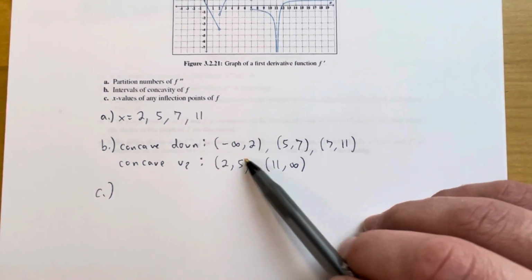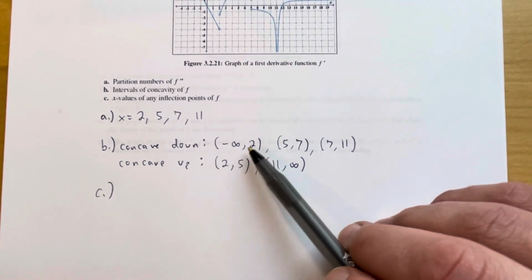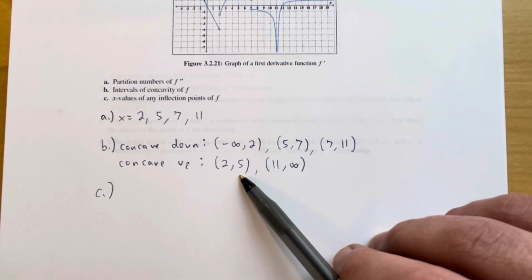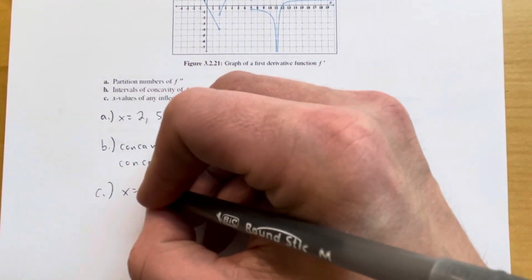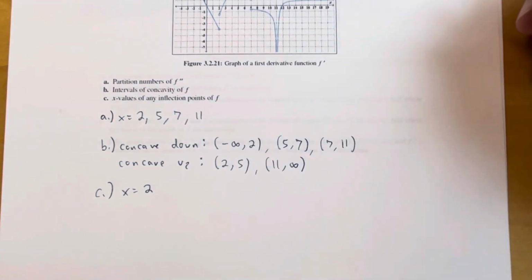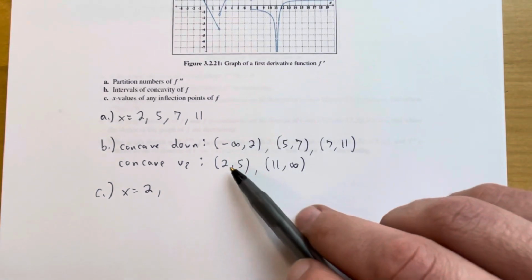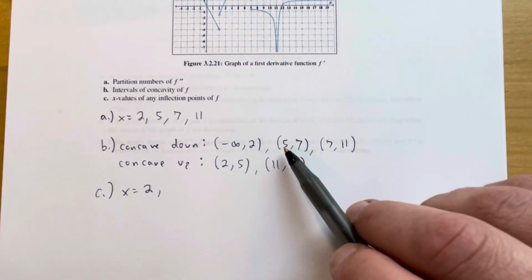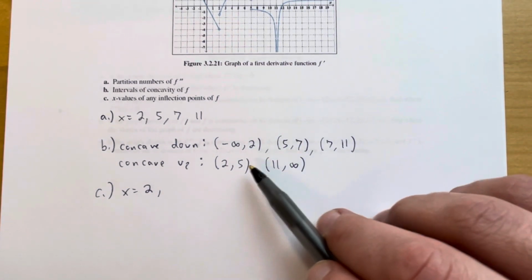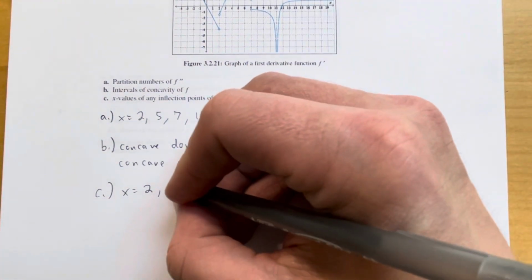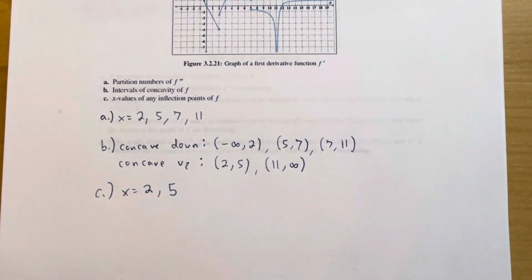So for example, if you look at these two intervals here, from negative infinity to 2 and 2 to 5, we switch from concave down to concave up. So at x equals 2, there is a change in concavity happening there. What about 5? Well, from 2 to 5, I'm concave up, and then from 5 to 7, I'm concave down. So once we pass through 5, there's a change in concavity happening there as well. So 5, change in concavity.